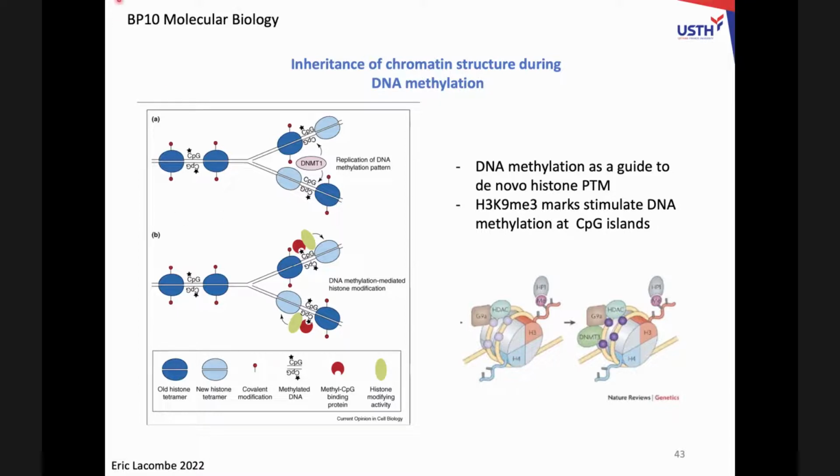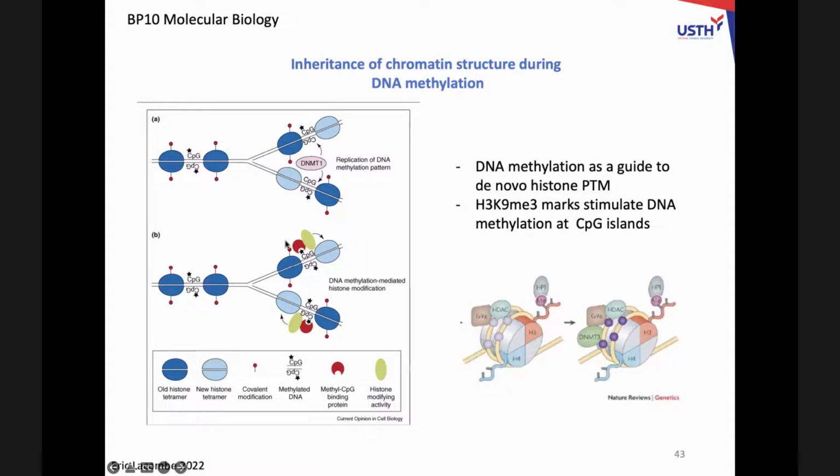The model implies DNA methylation at the DNA level and histone post-translational modification, in order to have a compaction state that can be inherited from one mother cell to the daughter cells.